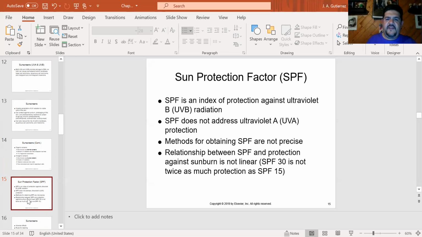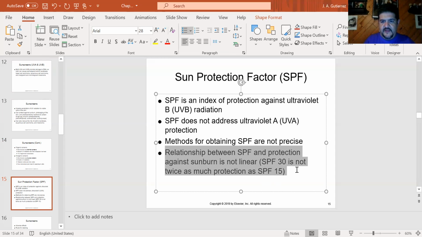Regarding sunscreens, they have a specific measurement, SPF. This is the unit regarding how much protection they can provide. And the relationship between the SPF and the protection is not linear.